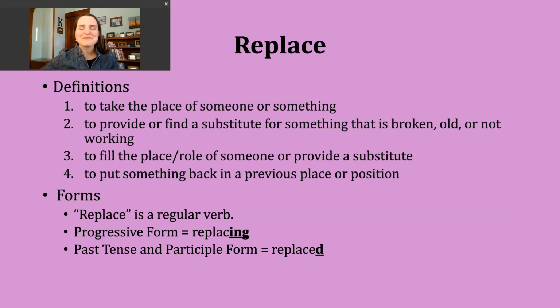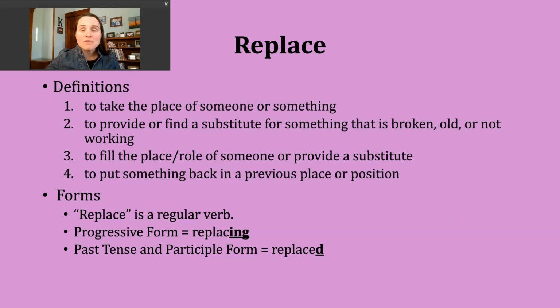A fourth way we can use the verb replace is to mean to put something back in its previous place or its previous position. You should know that replace is a regular verb.